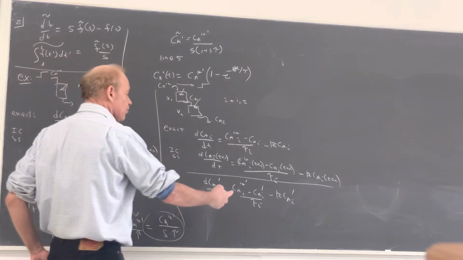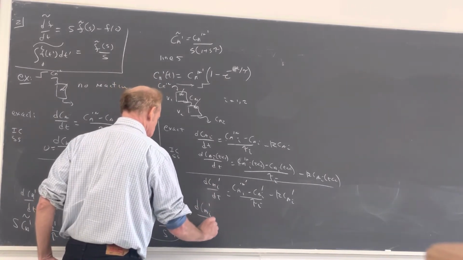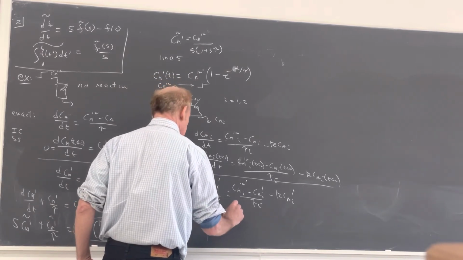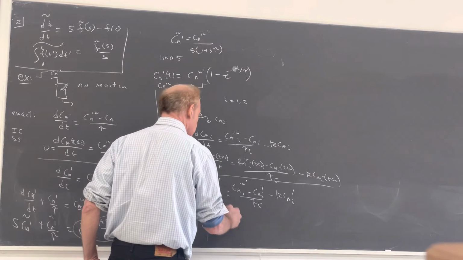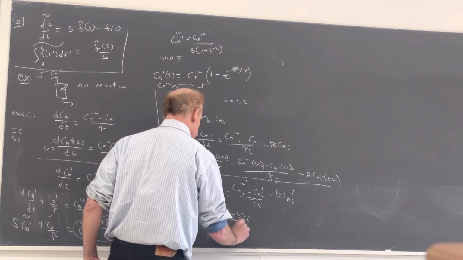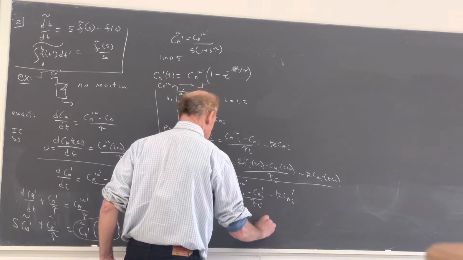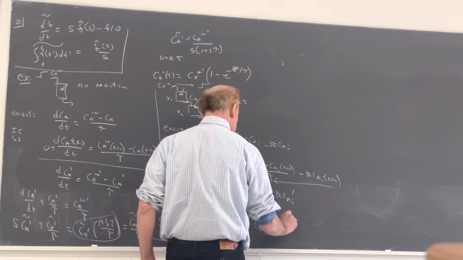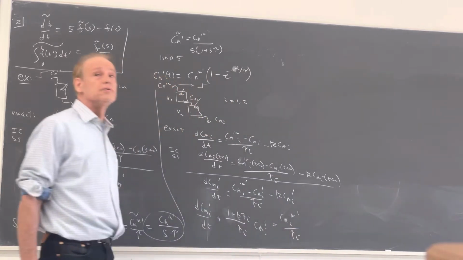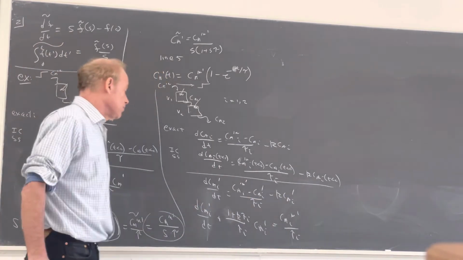So now I bring all the CAi primes to one side of the equation. dCAi prime/dt plus k plus 1 over tau. k plus 1 over tau is 1 plus k tau i over tau i, times CAi prime, is equal to CAi in prime over tau i. So it's the same algebra I did before, but I have this extra k CAi.